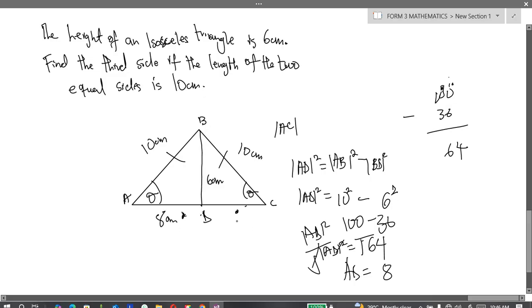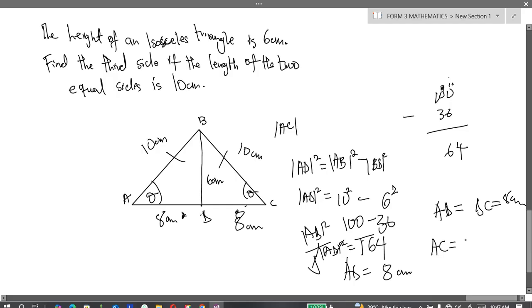They say we should find the third side. Once you get the 8 centimeters, you can say that AD equals BC equals 8 centimeters. You should state this so that the examiner will know that this one too is 8 centimeters. So what is AC?